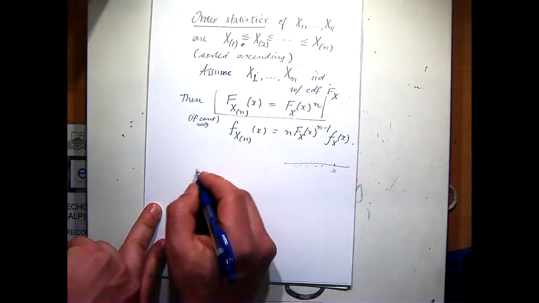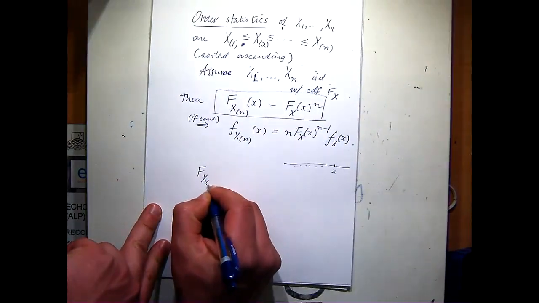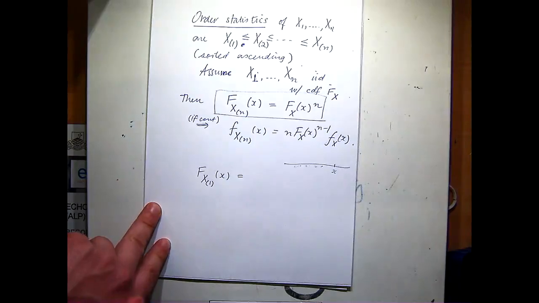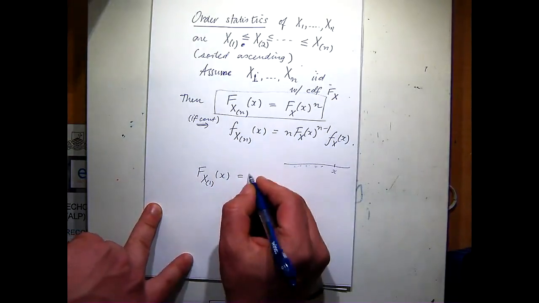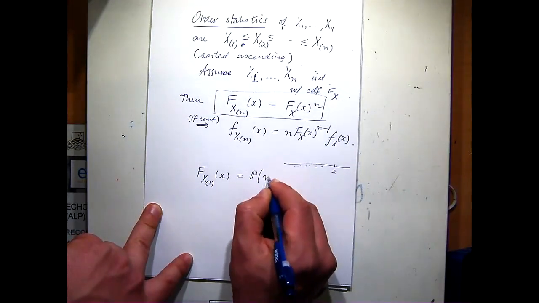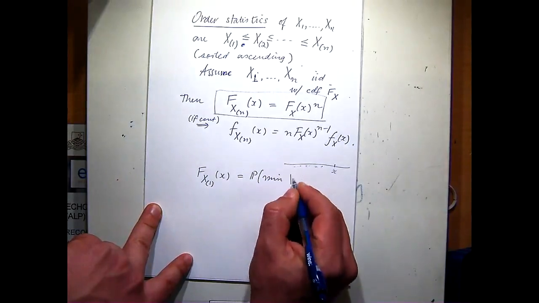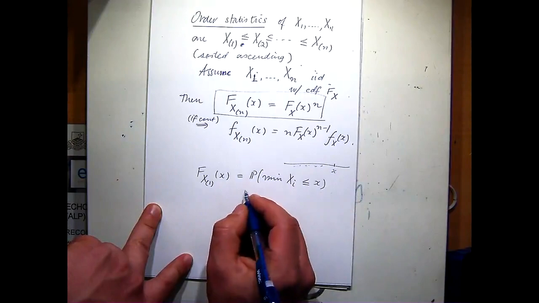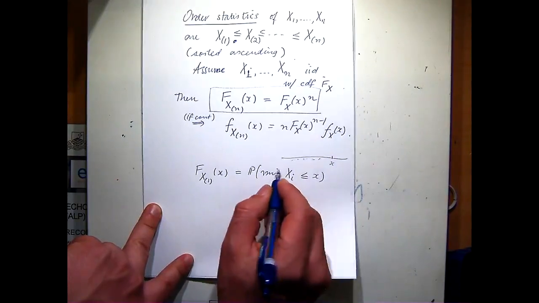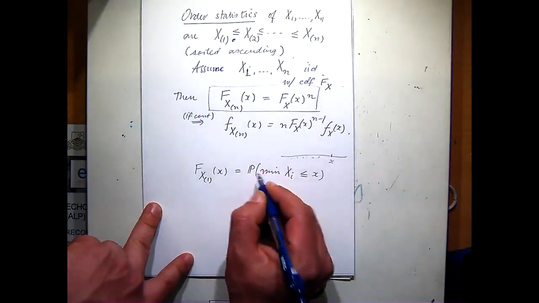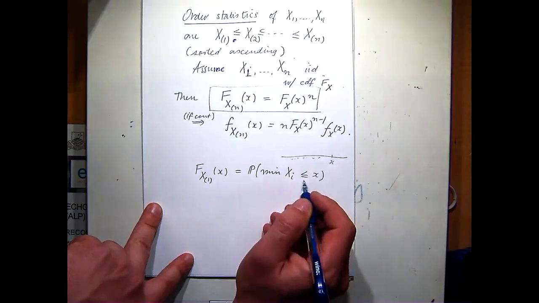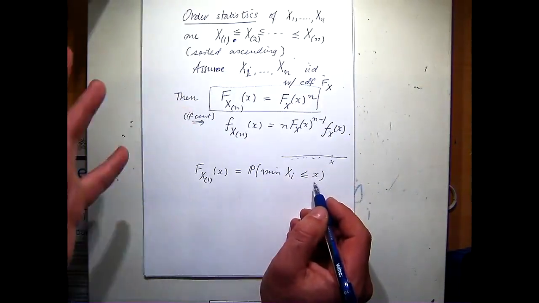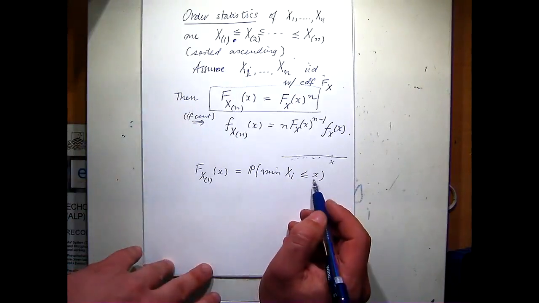And then for the minimum, it's actually very similar. For the CDF, now we have to say it's the probability that the minimum of all the xi's is less than or equal to x. Because minimum is hard to do with a product, to say the minimum is less than or equal to x is to say at least one of x1, x2, x3 is less than or equal to x.